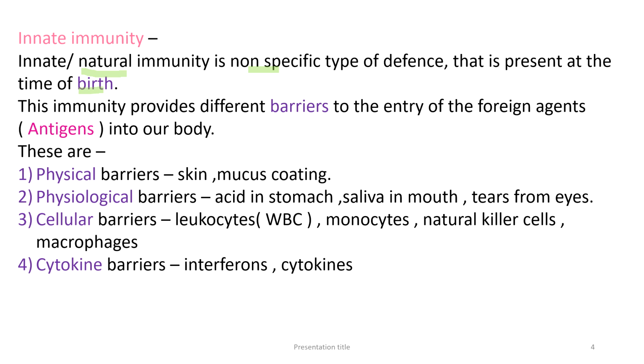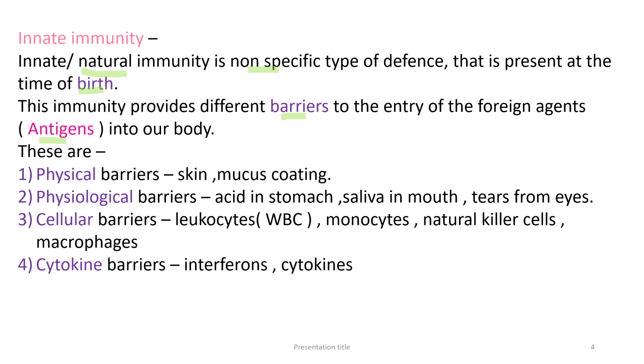That means it is not specific for any particular pathogen, but it can protect us from a wide variety of invading foreign agents. So broadly, antigen is the term used for any foreign particles including microbes which enter into the human body. So this immunity provides different barriers to the entry of foreign agents, that means antigens, into our body.